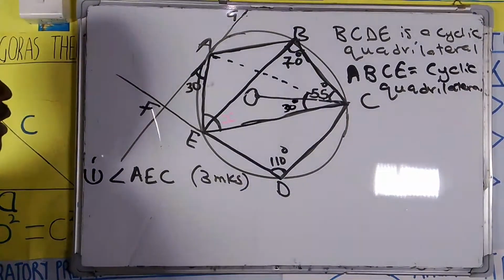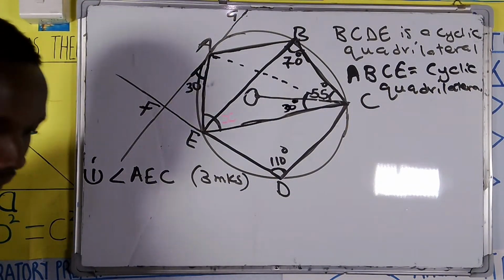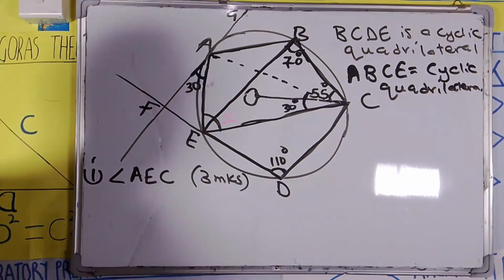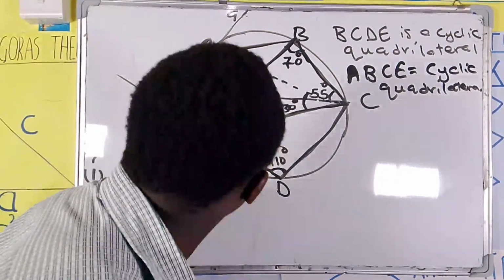Haya, tuendelee polepole tu. We have our tangent. Our tangent is FAG, and chord DE of the circle is produced to intersect with the tangent at F. Then angle FAE is 30. I've seen it.